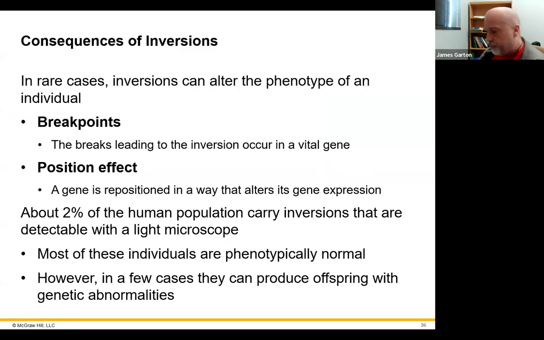Usually, in your somatic cells, inversions are kind of harmless. However, if the inversion happens and the breakpoints were right in the middle of a gene, that gene is destroyed.